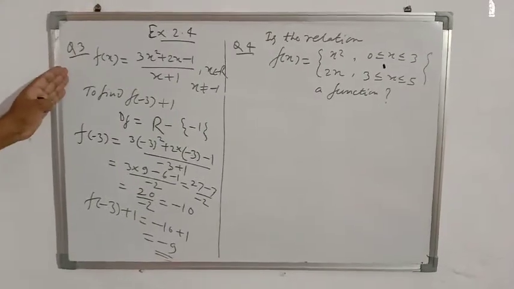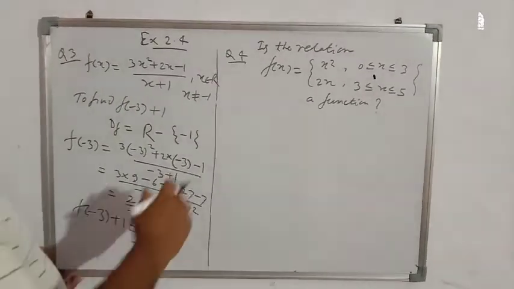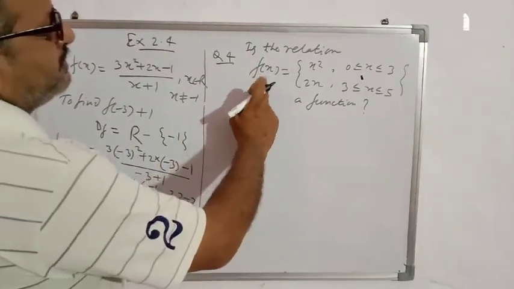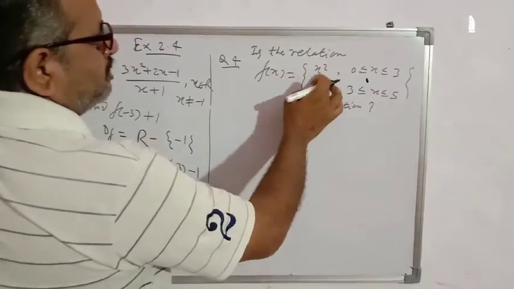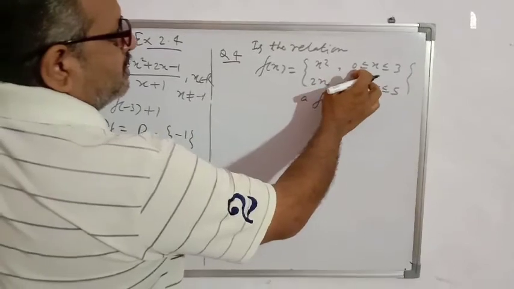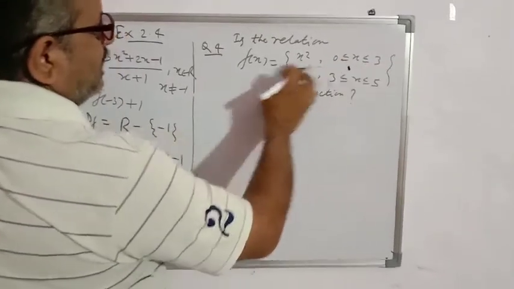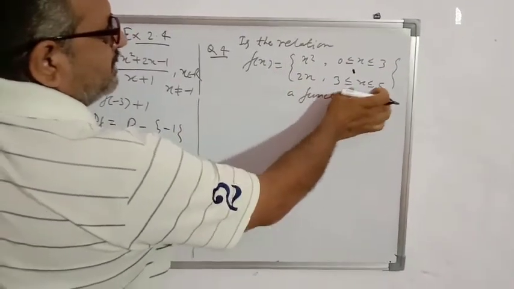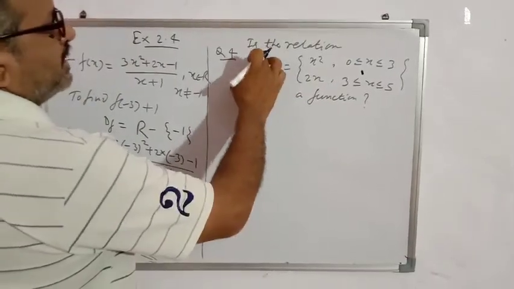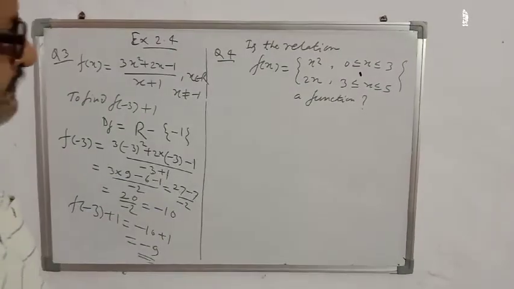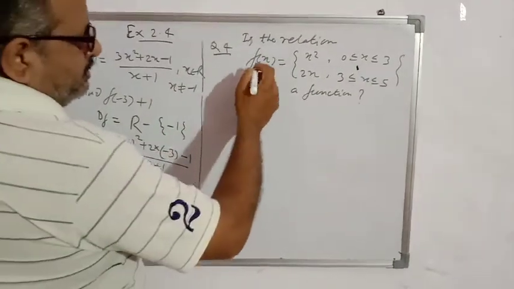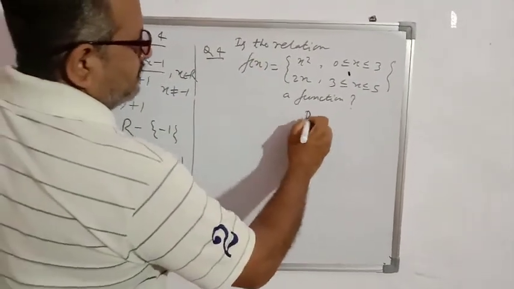Question number 3 done. See question number 4. Here f(x) is given as x square for these values of x and f(x) is equal to 2x for this interval. So we have to check whether this relation is a function or not. We have to justify. So what is the domain of the function?